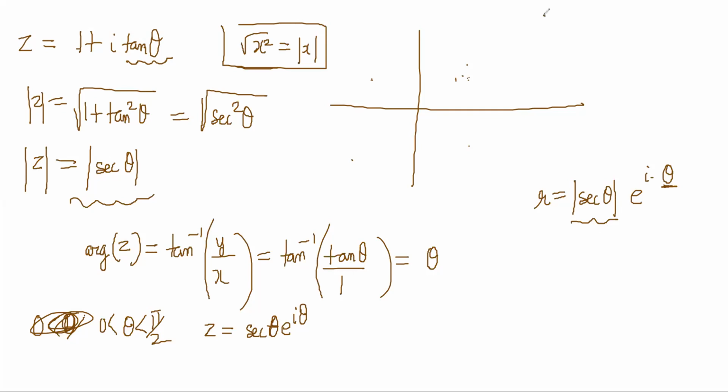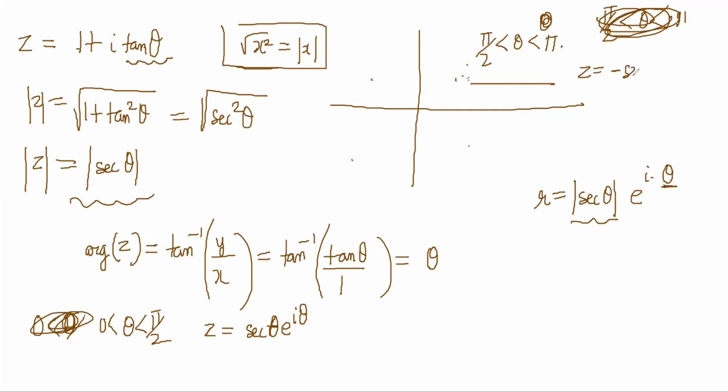If theta is between pi by 2 to pi, then sec theta is negative, but modulus cannot be negative. That's why I had written mod sec theta. So you have to write here z is equal to minus sec theta, because minus sec theta will be positive.